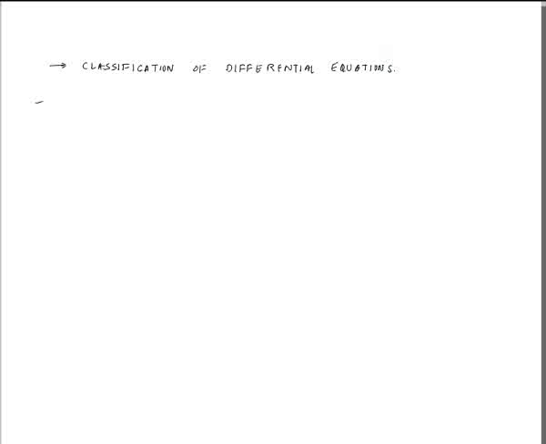The first way is based on the variables with respect to which the derivatives appear in the equation. So basically based on the number of independent variables.